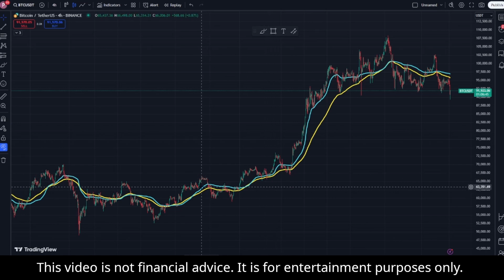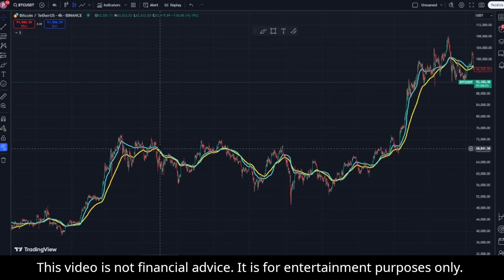Also, when the market tends to trend sideways, for example here in October 2024, the Kaufman moving average tends to have a slope that's flatter than the EMA. So sometimes it lets us detect ranging markets better than other types of moving averages. As you can see for this range market, the blue line is flatter than the yellow one.